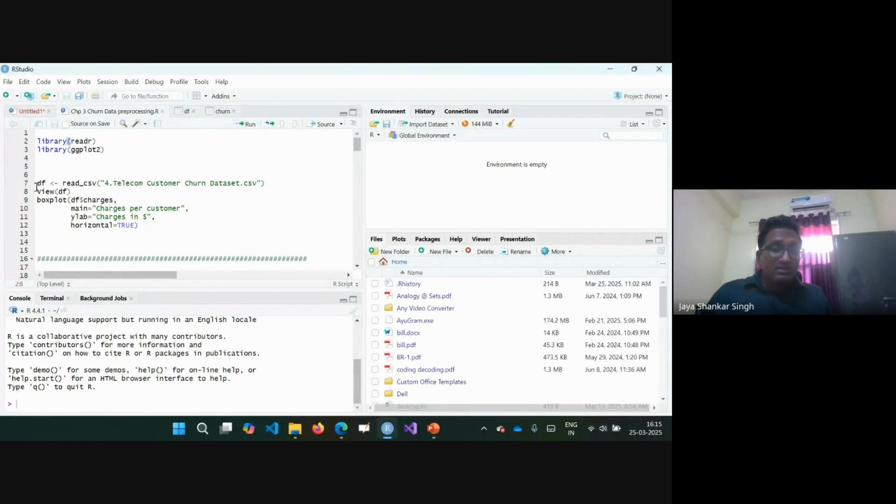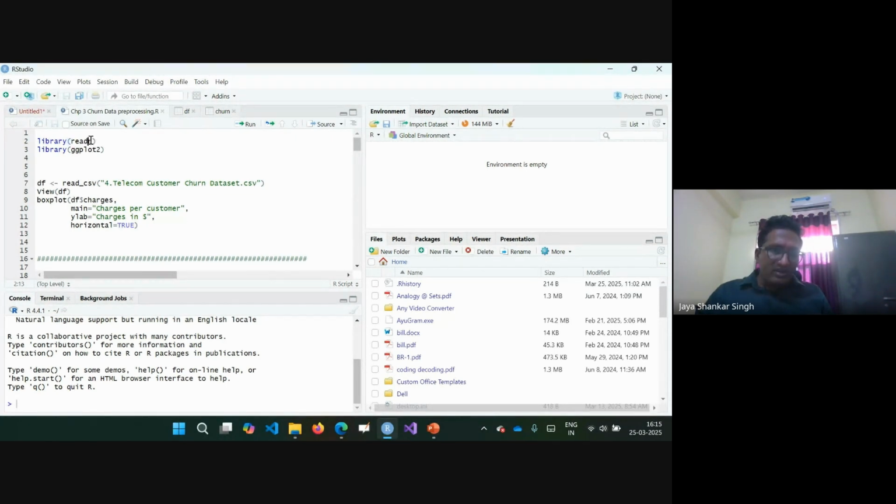They manipulate the variables. They do certain activities, like doing some manipulation on the computer. So what does the library function do? It will load these packages, the reader package and the ggplot2 package.